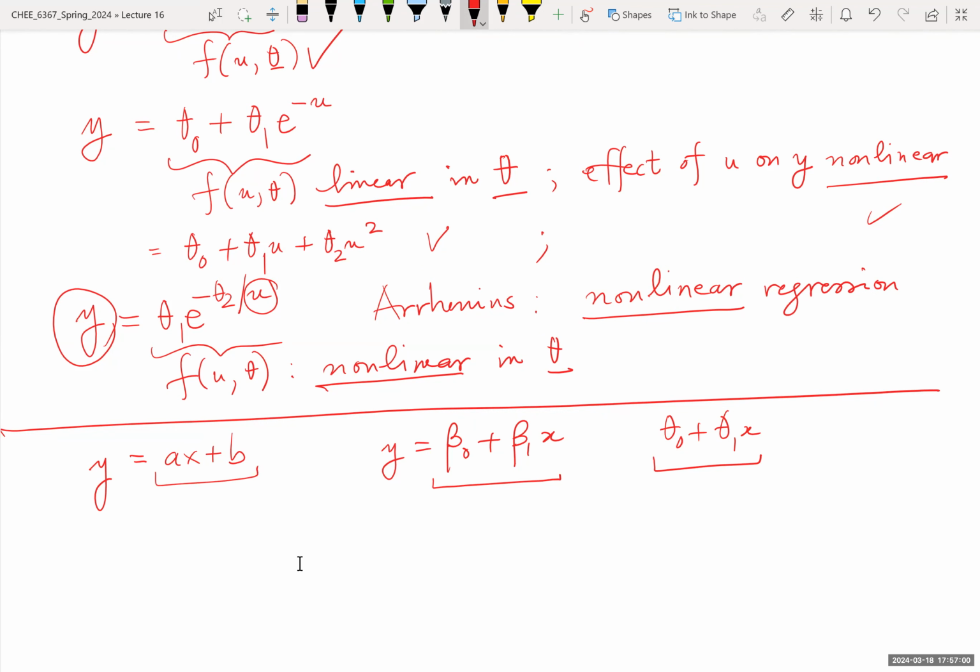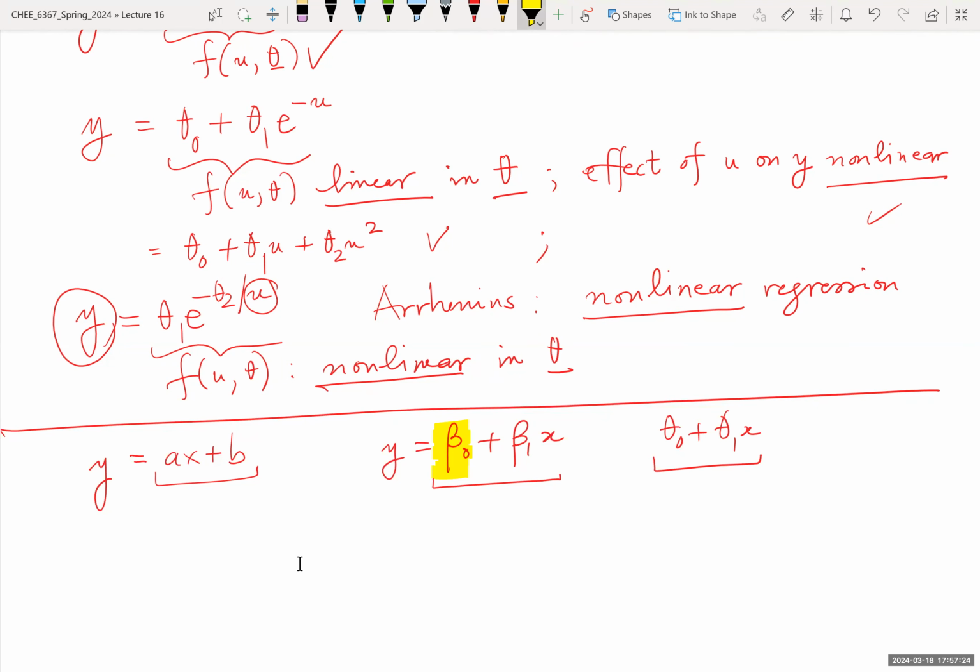The 0 and 1, instead of starting at 1 and then 2, is because typically people don't care too much about beta 0, because it's what people call the bias term. It's essentially the 0 of your measuring scale. If you measure temperature in Fahrenheit or in Celsius, you'll get a different beta 0.